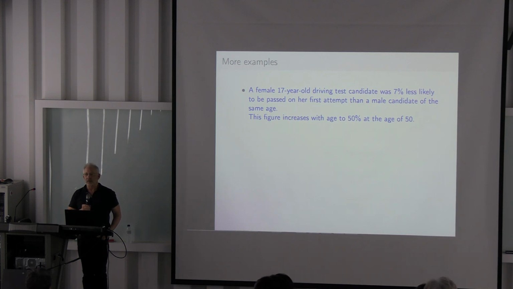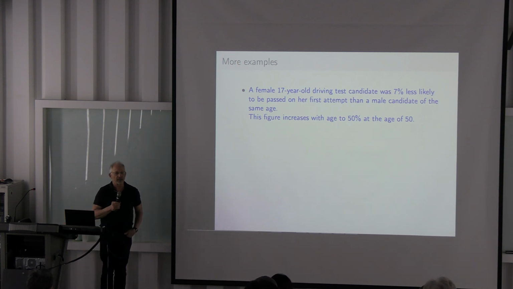So if you go to the driving test office and check how many passed on the first test, then young males are more likely to pass the first test. And when we go to the age of 50, the difference between female and male goes to 50%.